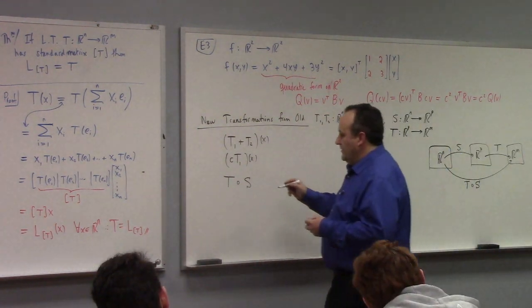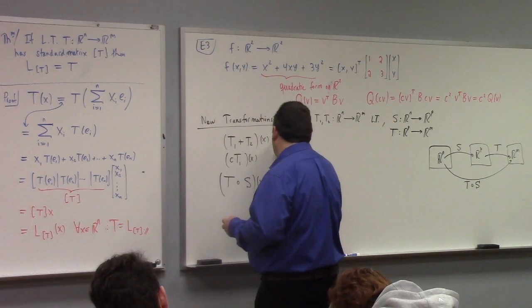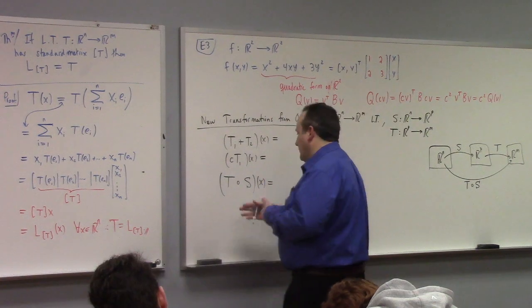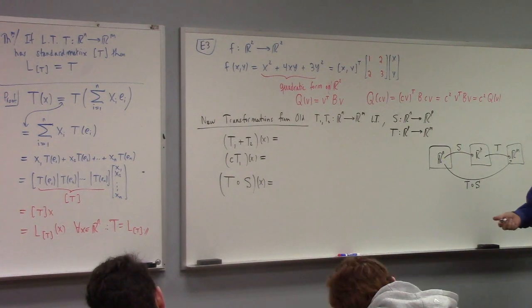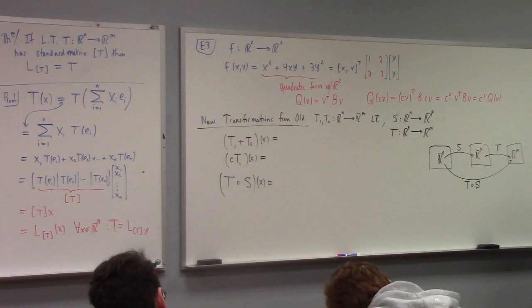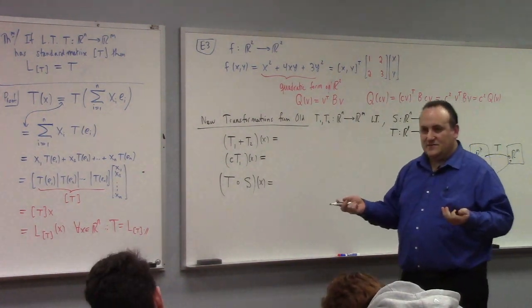All right, so you can define a sum or a scalar multiple or even a composition of linear transformations in these ways, right? So what do you think the definition is going to be? It's like back to pre-calculus, right? You remember how we define the sum of functions?